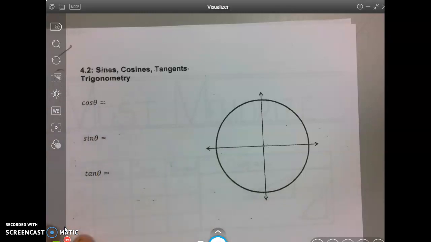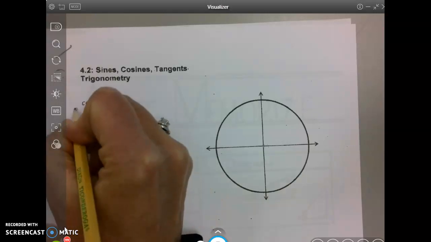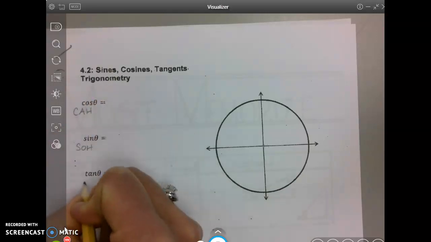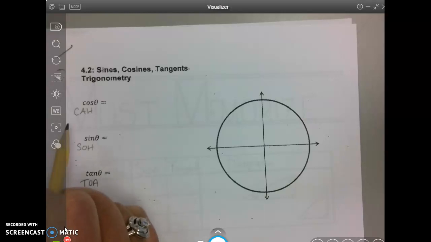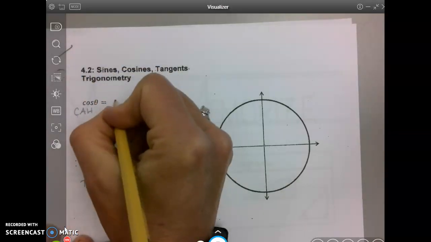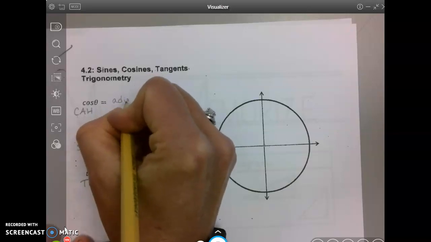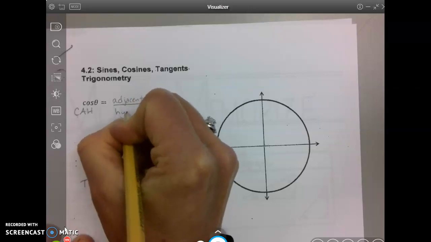When you first learned about sine, cosine, and tangent, you probably learned the acronym SOHCAHTOA. For cosine, which is CA, cosine is adjacent over hypotenuse.